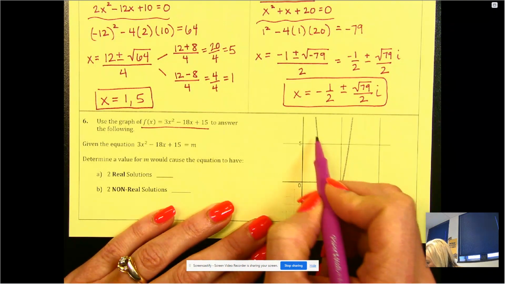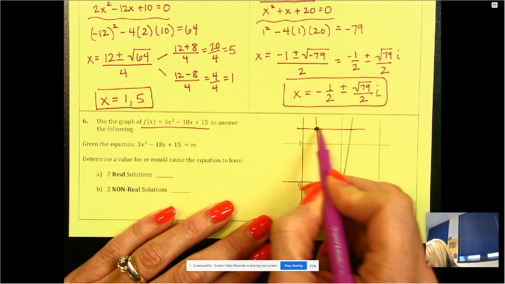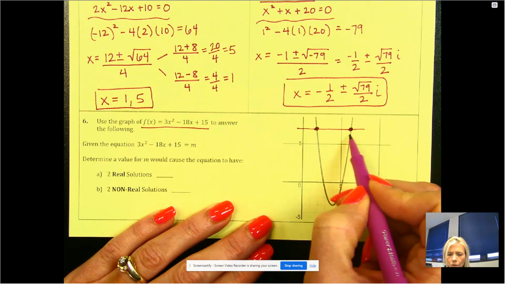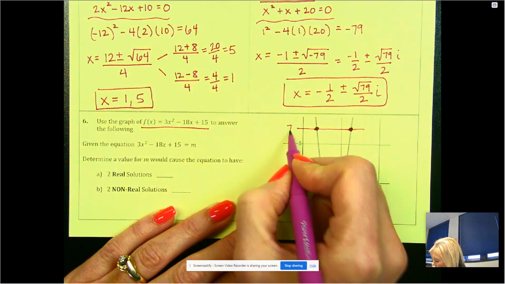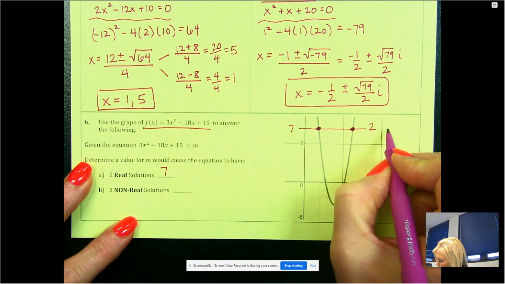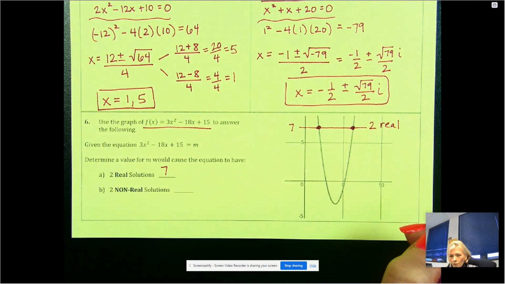So any value that crosses the graph in 2 places, right there and right there, has 2 real solutions. I can graph them right there. So I chose 7. This is an example of what it looks like to have 2 real solutions.